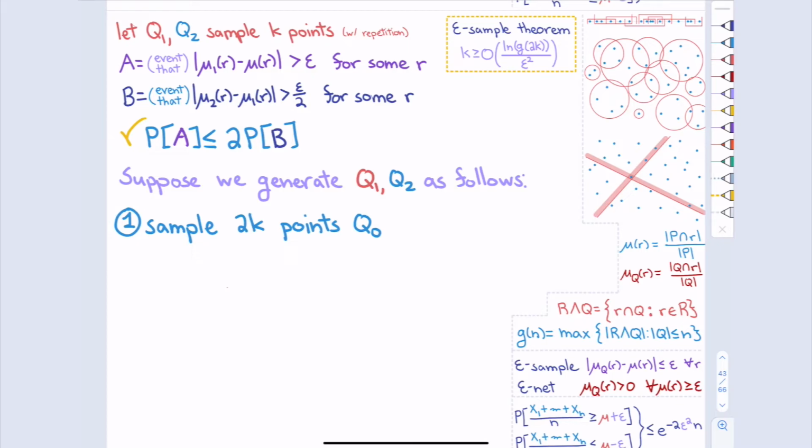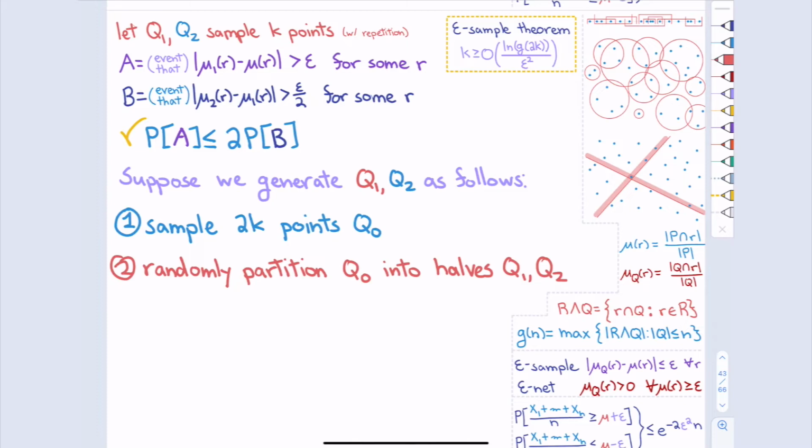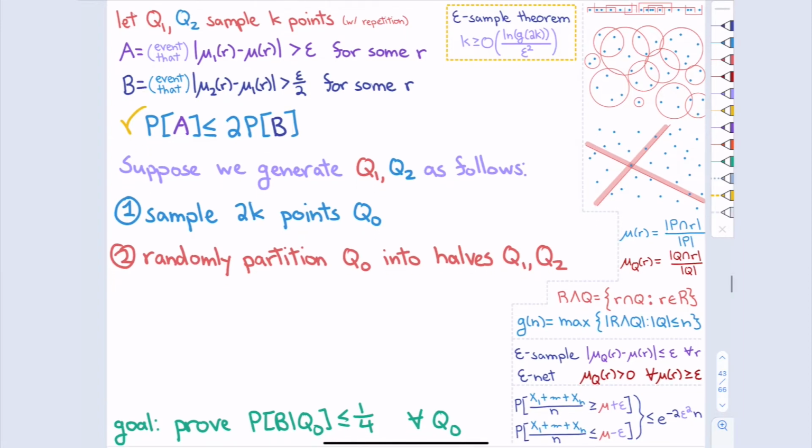And then, in step 2, we randomly partition Q0 into Q1 and Q2. If you think about it, Q1 and Q2 are ultimately 2 independent samples of size K. So we're just looking at it differently. All right, so now we can do some conditional stuff.